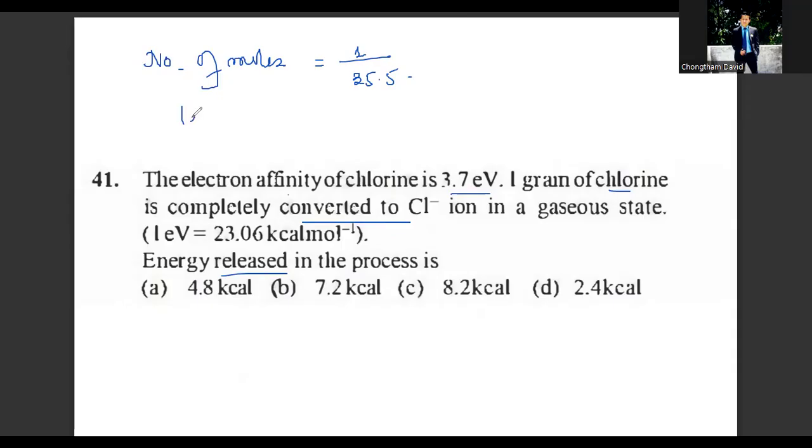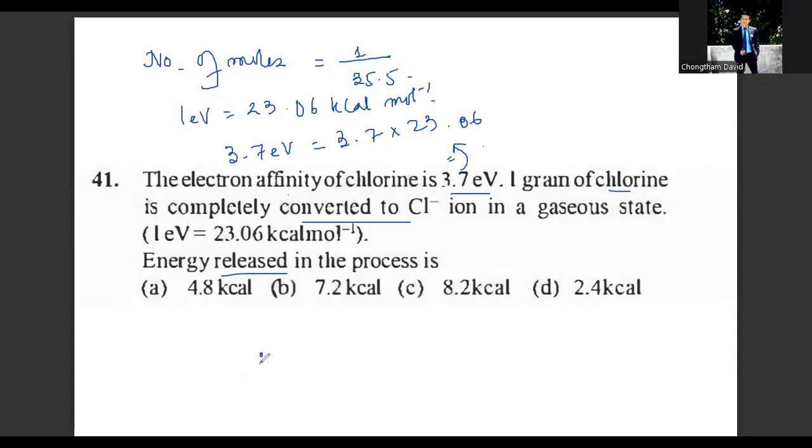Given that 1 eV equals 23.06 kilocalorie per mole, now 3.7 eV would be how much? Based on the unitary method, you simply multiply the value for 1 unit, then you will get the answer. That is 1 mole of energy release, this much amount of kilocalorie.